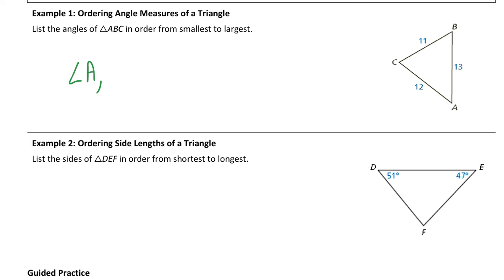The second smallest side is AC because it's 12. The angle opposite from AC is angle B. So listing these from least to greatest, A, B, then C, because A is opposite from the shortest side, B is opposite from the second shortest side, and C is opposite from the longest side. That's it.